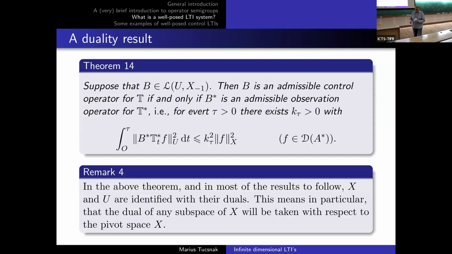One way is to explicitly solve my problem and hope for the best. This is rare in applications. And a remark which is useful is that it can be characterized by duality by this inequality, which in control theoretic terms is translated saying that B star is an admissible control operator for the adjoint semigroup T star.